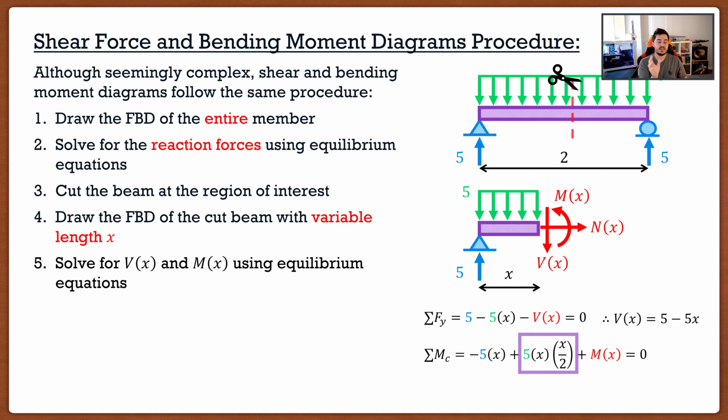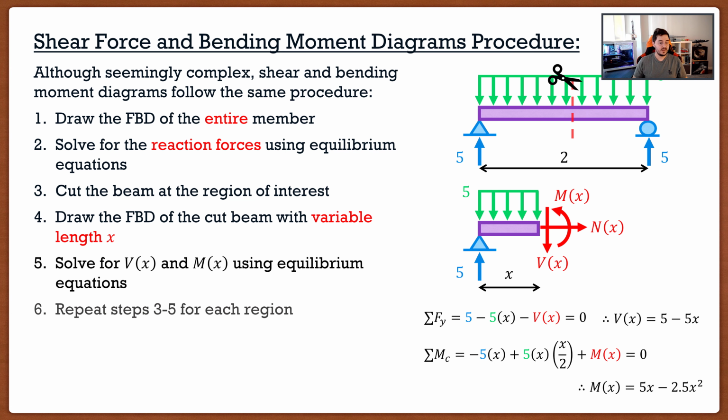So remember that for rectangles of distributed loads, the point load acts right in the center. So if the whole rectangle is x, well then the point load is going to act at x over 2. So that's where it comes from. 5 times x is the magnitude, x over 2, that is the distance. Just really want to clarify that for you guys. And once we do that, we get 5x minus 2.5x squared. So in this case, instead of linear, we now have a parabolic function.